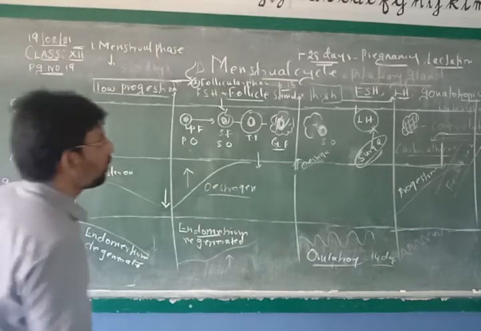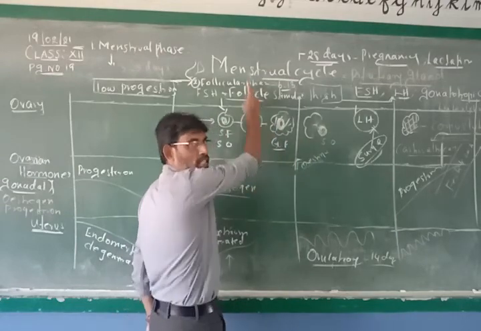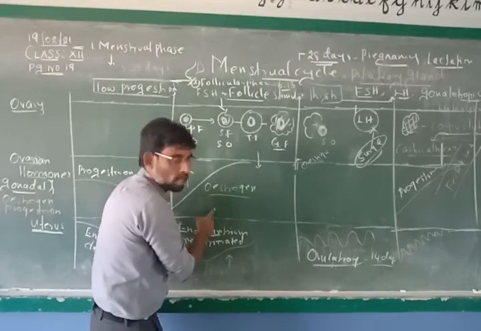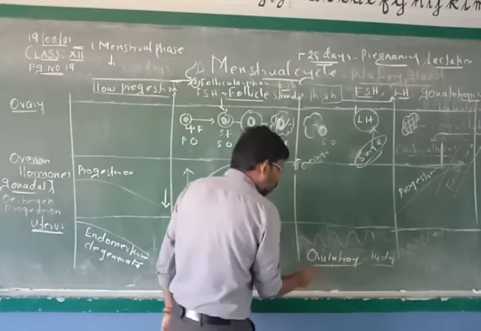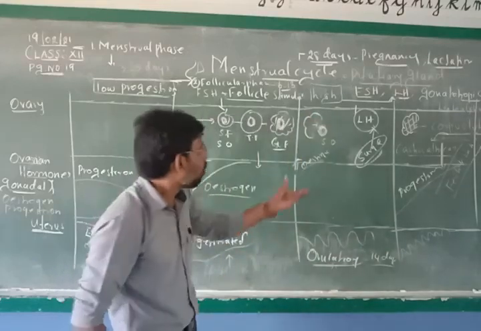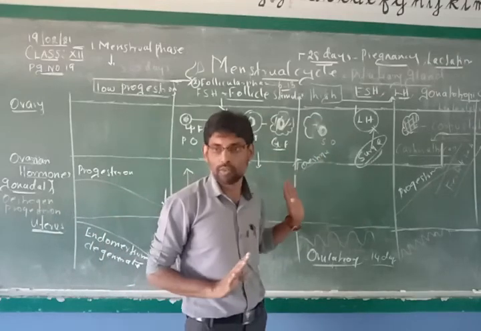Tomorrow when we talk about it, you should remember this. Who is responsible for the Graafian follicle? FSH hormone. When FSH is there, what hormone is increased? Estrogen. Graafian follicle rupture is done by a hormone called LH. Ovulation is done by a hormone called LH. All this you should know. Now the ovum comes out, the secondary oocyte. Where it goes and what is happening, all this we will discuss tomorrow.